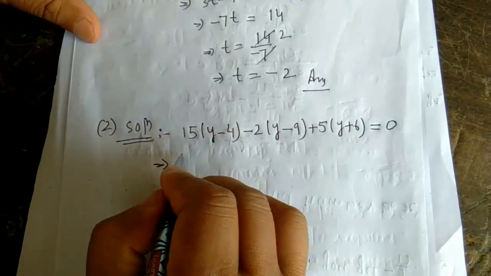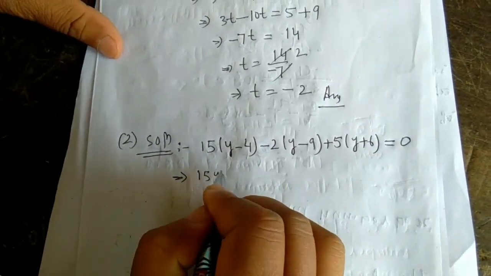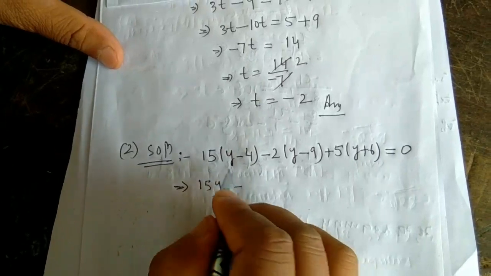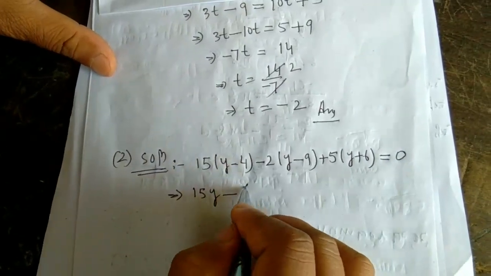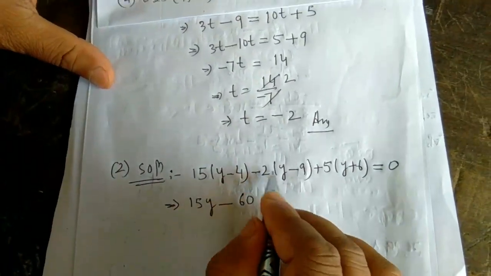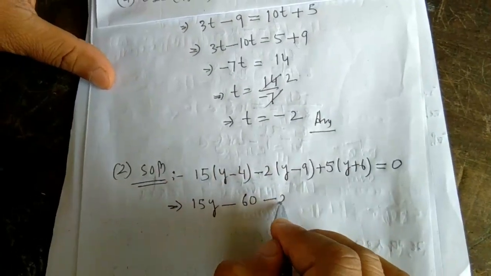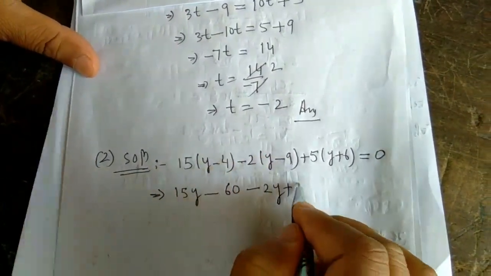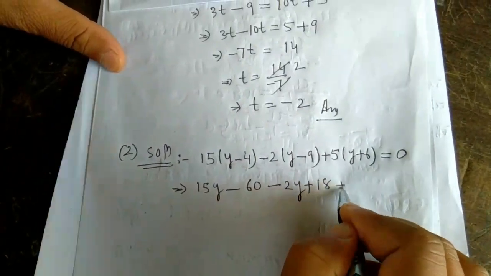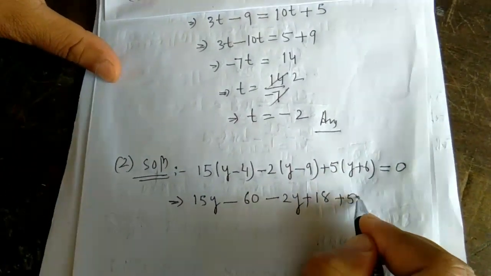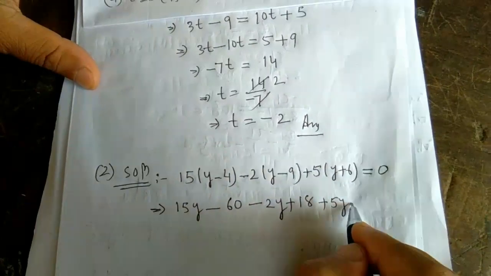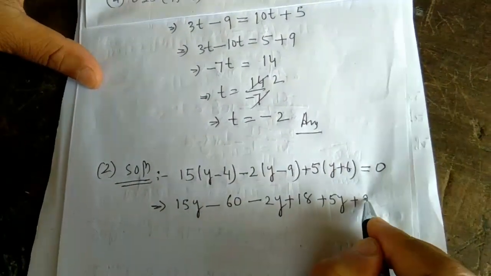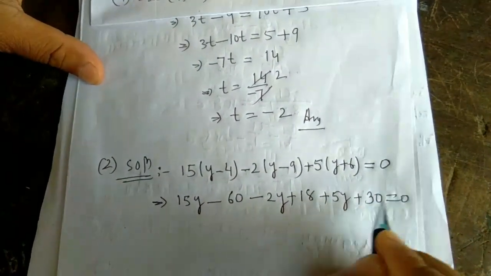Multiply: 15 into y, 15y; plus into minus, minus 15 fours are 60; minus into plus, minus 2 into y, 2y; minus into minus, plus 2 nines are 18; plus 5 into y, 5y; plus into plus, plus 5 sixes are 30, equal to 0.